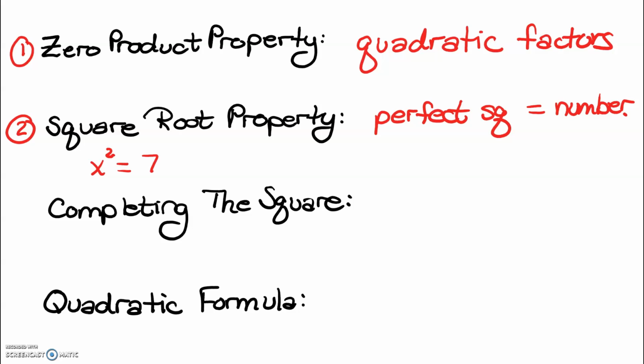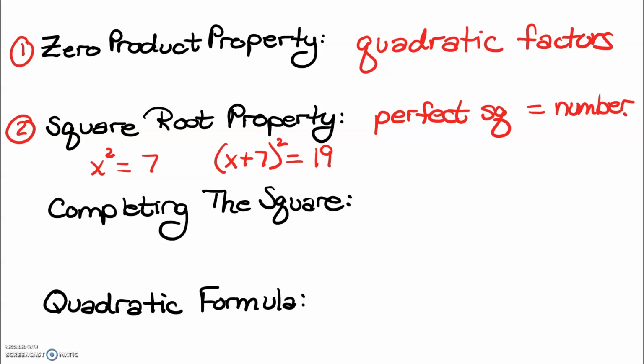If you could set it up so that you have a perfect square that equals a number, you can use the square root property. You can also use it on something that looks like this. Okay, so you have to have a perfect square that equals a number.